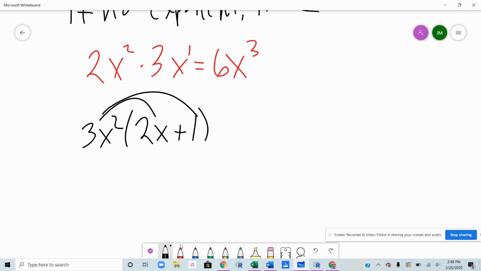And just do that multiplying of each part. So 3 times 2 is 6, x squared times x is x to the third. And then distribute your other one, 3x squared times 1 is 3x squared. And then that's it. No like terms to combine.